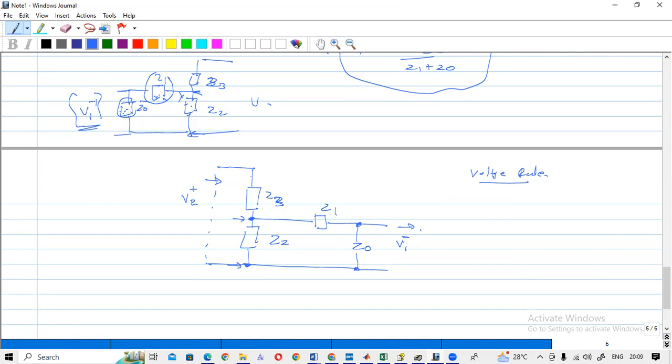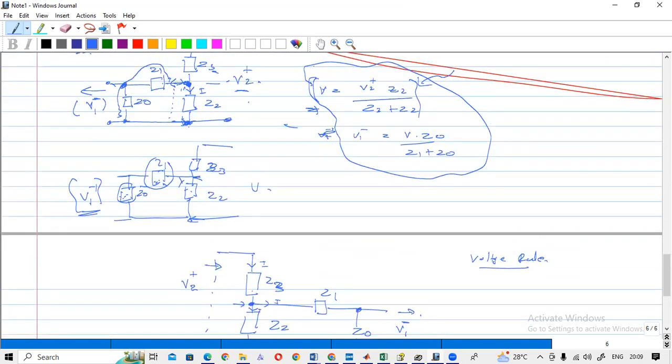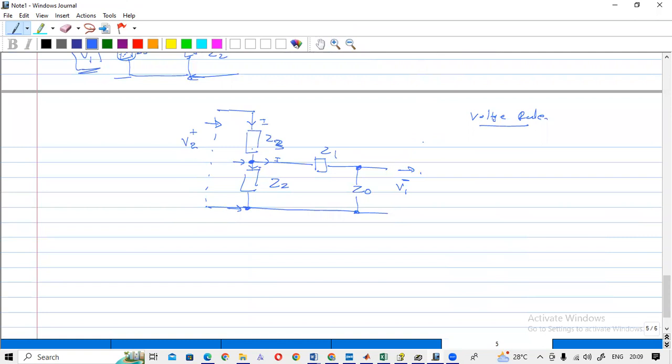You can't directly apply the voltage dividing rule, because when the current is going through this, another current is going through this, and another through this. So this is not the same current, so these equations are not valid, correct? Basic electronics.